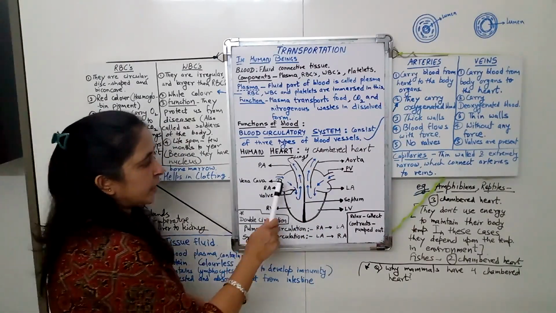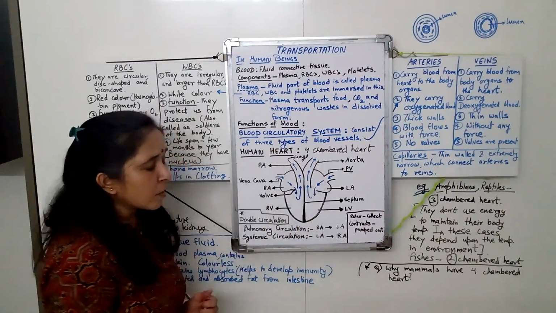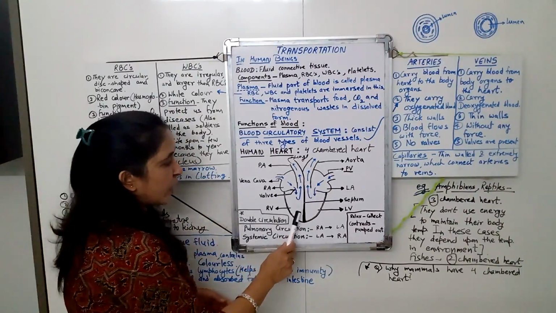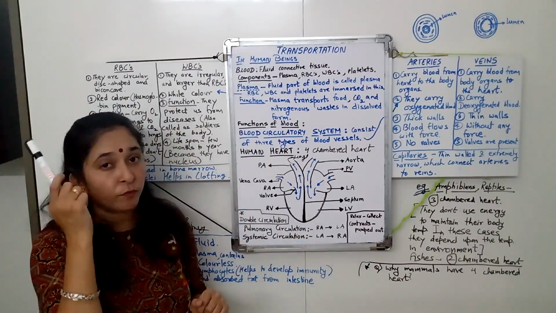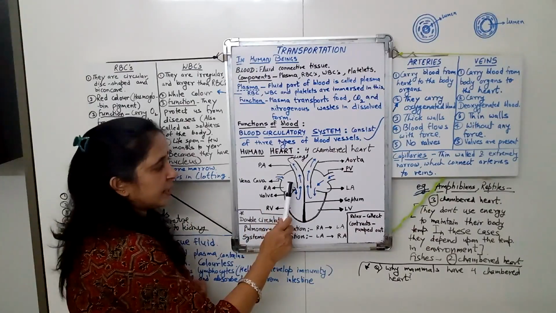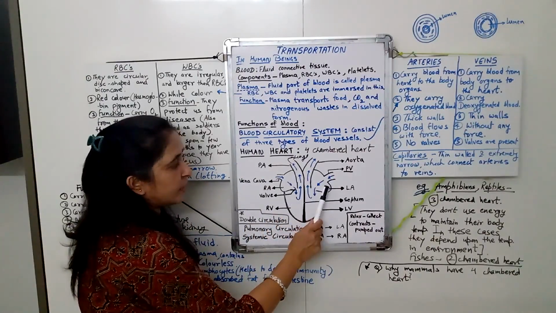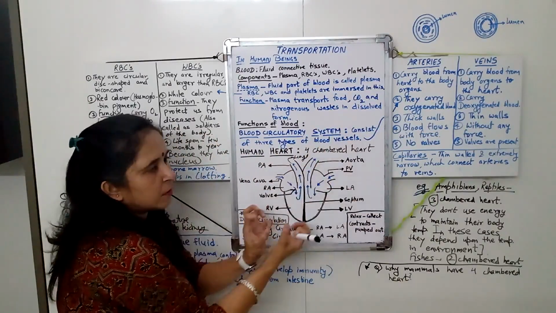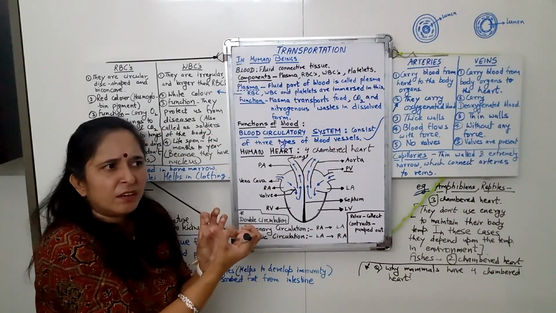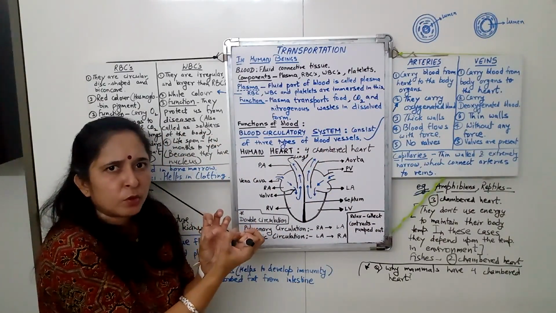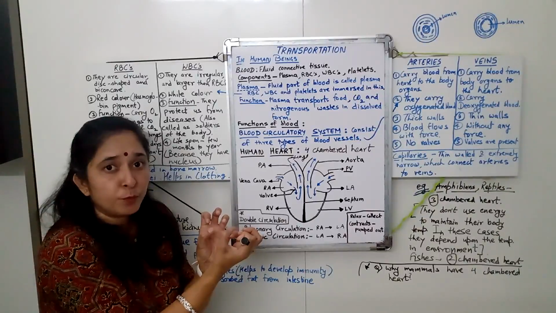And one more thing. Here the atria are thin walled. The ventricles are thick walled. Why? See, both the atria are receiving the blood, so they don't need a thick wall because not much force they have to bear.